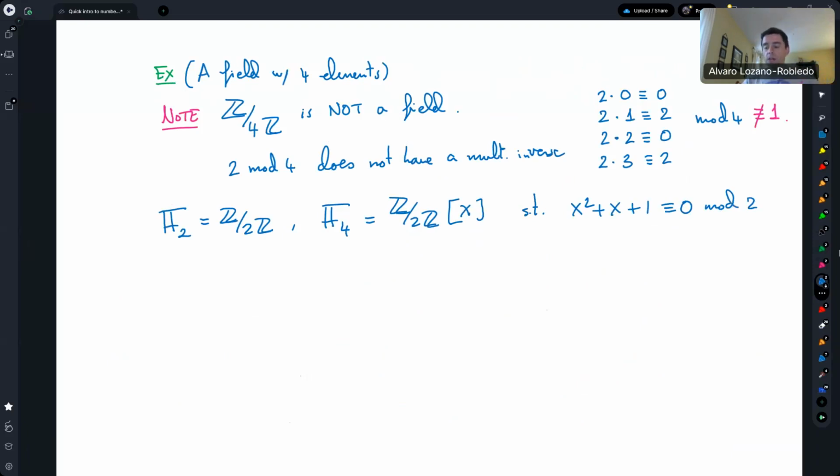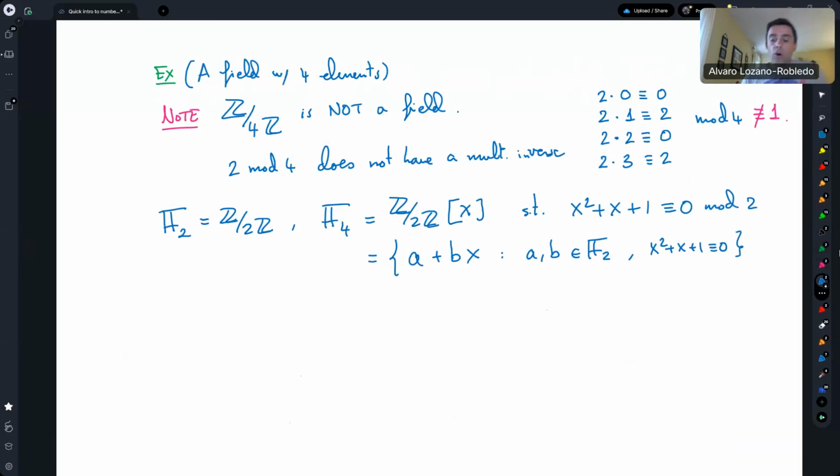Okay, so what does that mean? This is elements a plus bx, such that a and b are in F2, so the coefficients are just modulo 2, and x has that property.